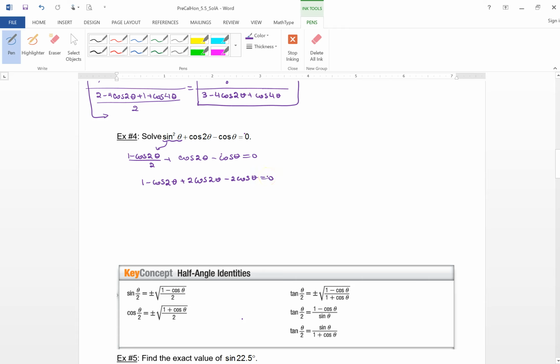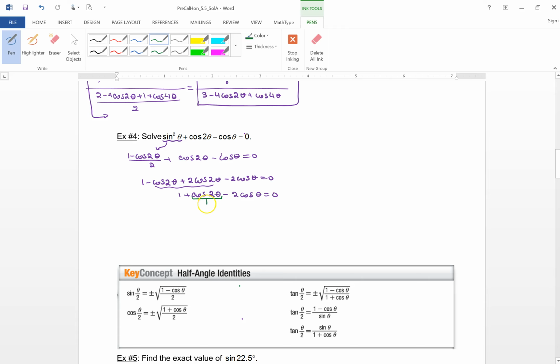What do I have now? When I combine these, I have 1 plus cosine 2 theta minus 2 cosine theta equals 0. Now, I still don't like this because I have a 2 theta and a theta, which doesn't work.